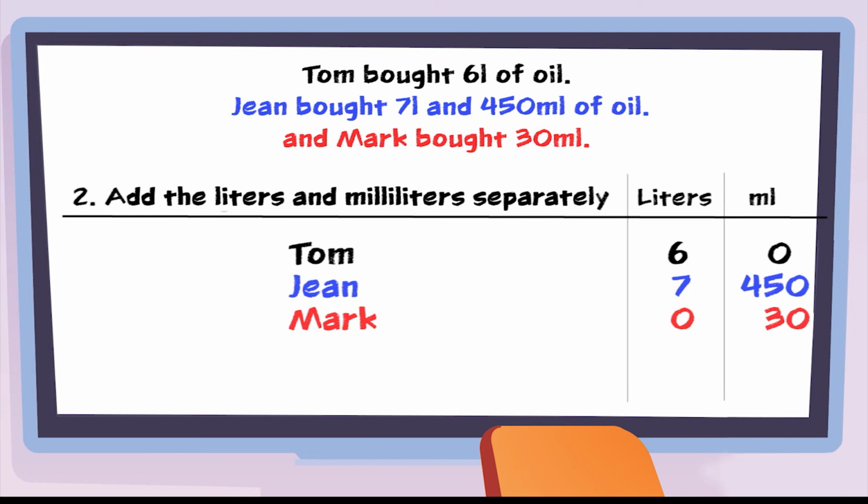Step 2, we add the liters and milliliters separately. To add them, we add by column. We must add 6 and 7. That will give us 13 liters of oil. For the milliliter column, we add 450 plus 30. That will give us 480 milliliters of oil.